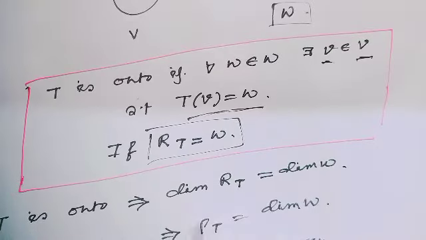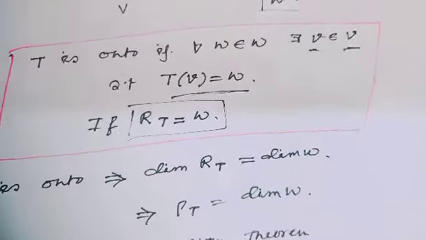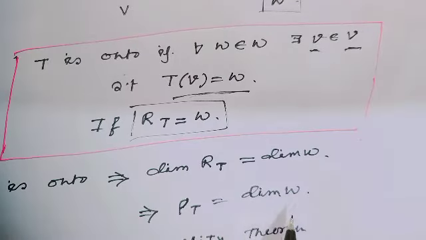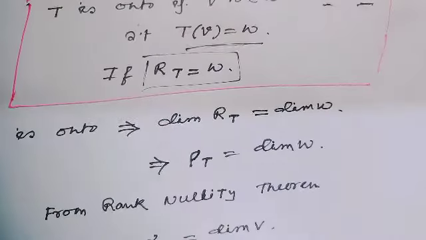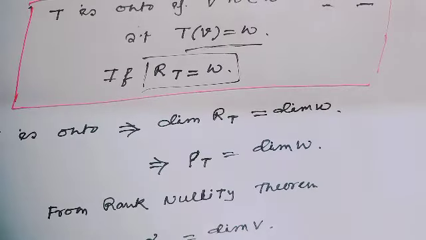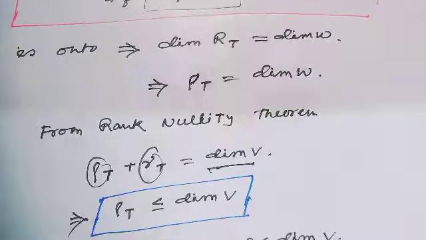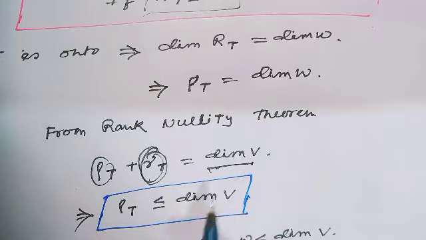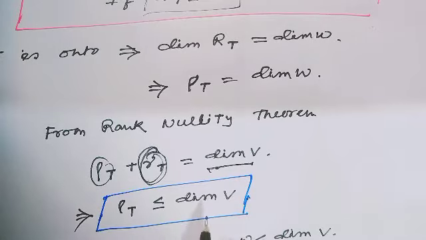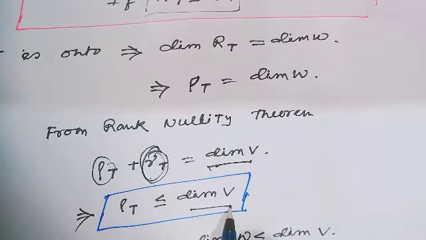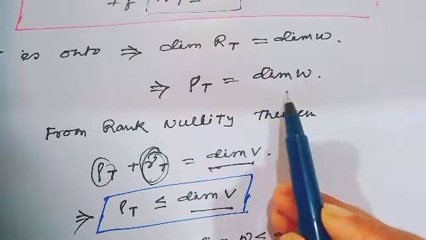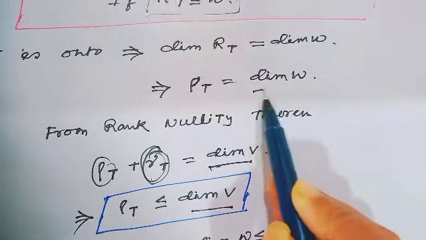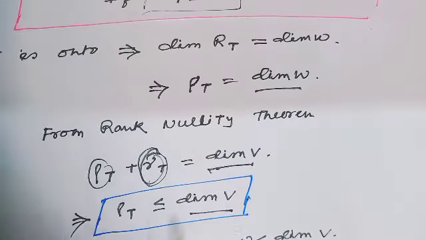That means the dimension of range T equals the dimension of W, which means rank T is equal to the dimension of W. And by the dimension theorem, we all know rank T plus nullity T equals the dimension of V. Since rank T plus nullity T equals the dimension of V, therefore rank T is always less than or equal to the dimension of V. Here notice, since T is onto, rank T equals the dimension of W, and rank T is less than or equal to the dimension of V.